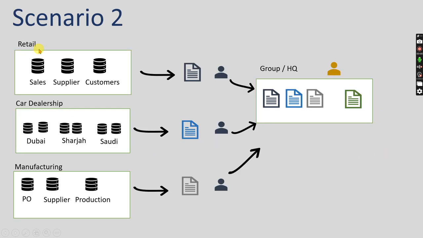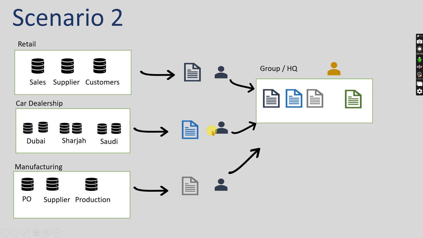That is another scenario I want to explain, how Power BI tries to solve. Let's say it's a conglomerate, meaning the group company holds different businesses. They're running retail businesses, car dealerships, manufacturing businesses, and they don't care how each business is run.